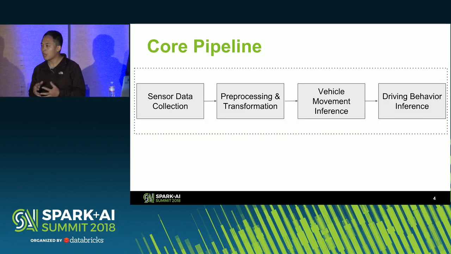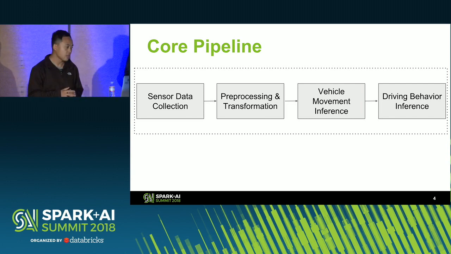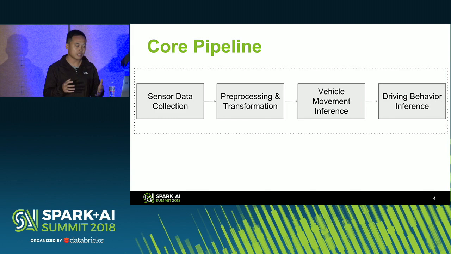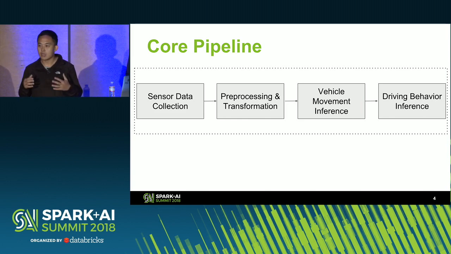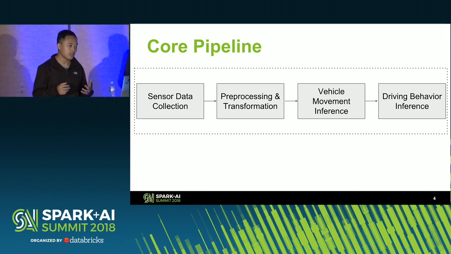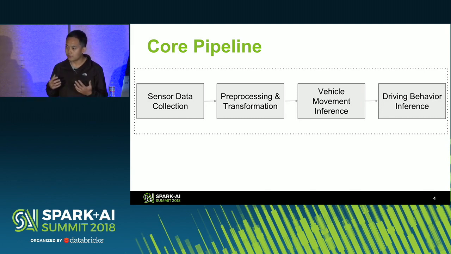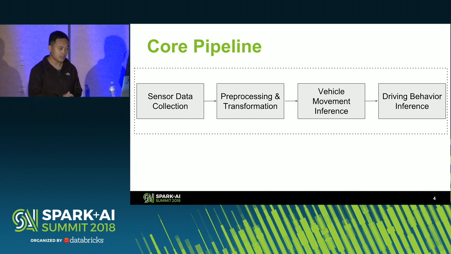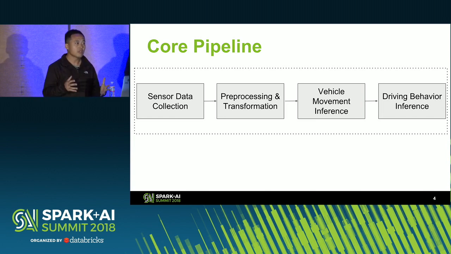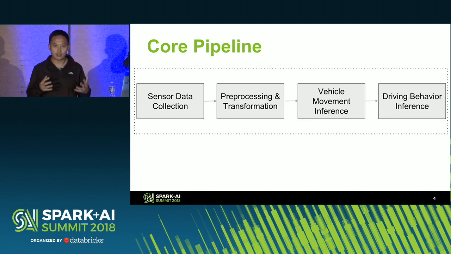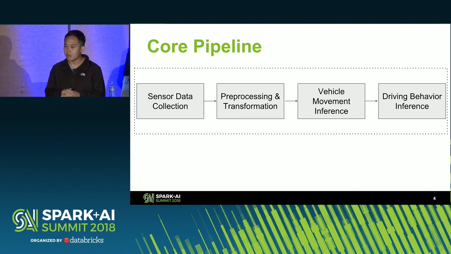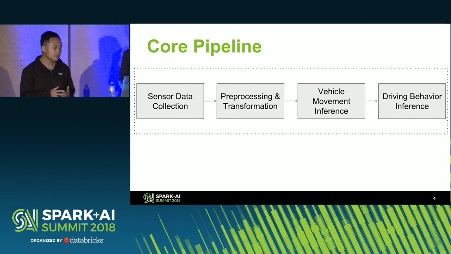So the core pipeline for telematics analytics consists of the following major components. First, we need a system that allows us to collect sensor data reliably, with high quality and high frequency, to support the analysis. Second, most of the raw sensor data are very noisy. We need to apply signal processing and statistical learning methods to denoise the data.